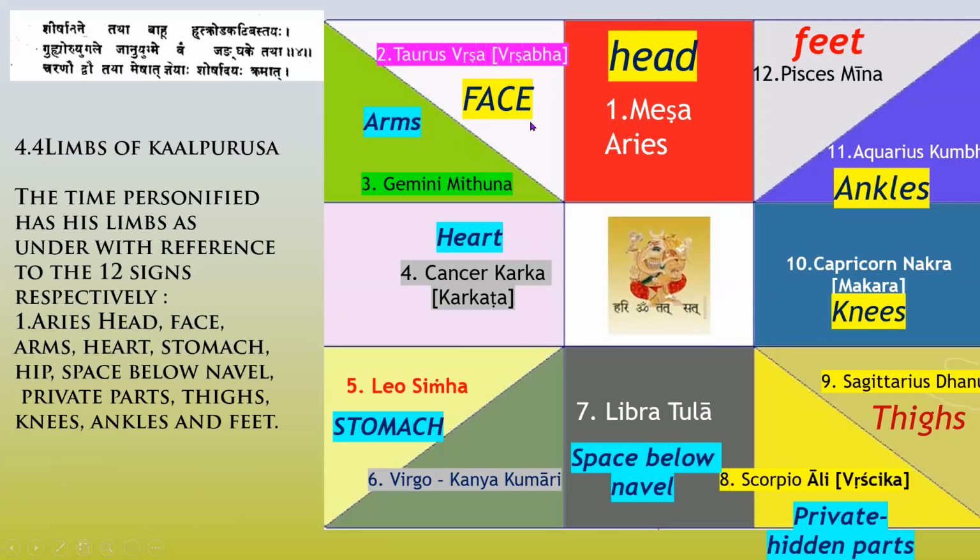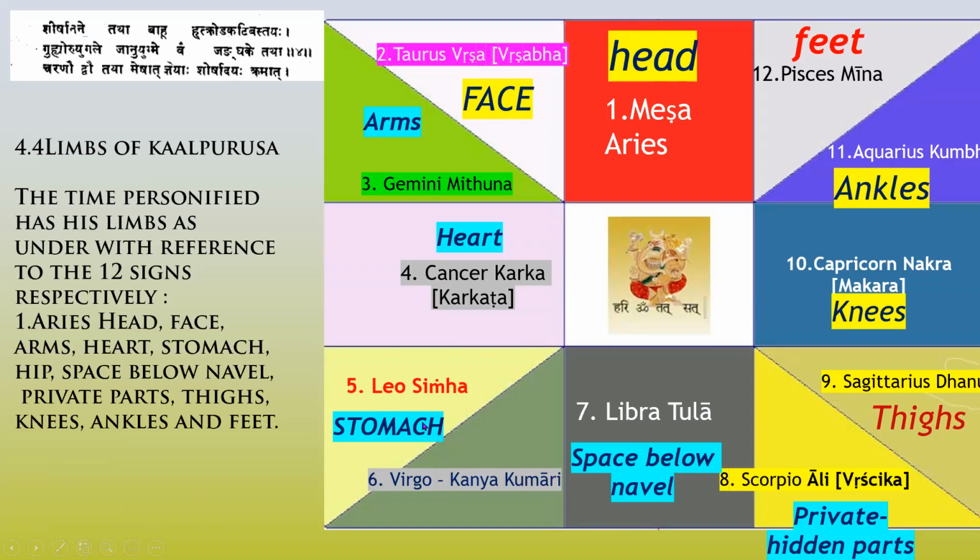So essentially what I'm saying is, this list is very important. You have to remember that the first house is Aries energy, it's to do with the head. Taurus is always the face, Gemini is arms, Cancer is the heart, Leo is associated with the stomach region.